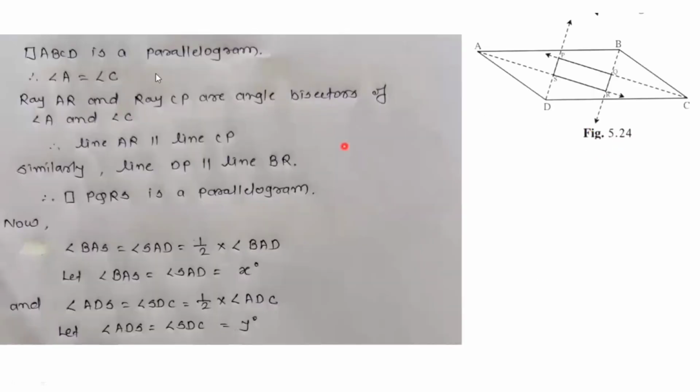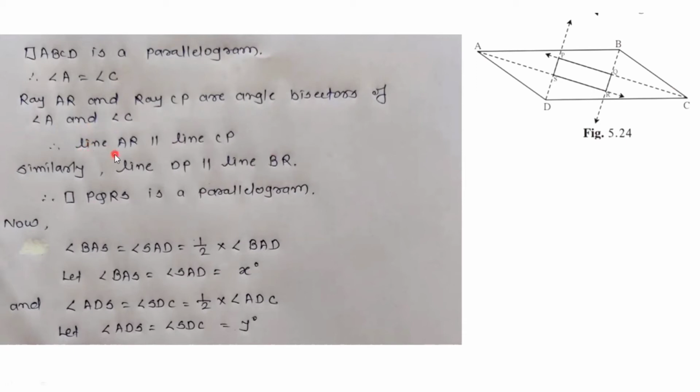Now to prove this, we start with the given, that is quadrilateral ABCD is a parallelogram, and as it is a parallelogram, we have the property that its opposite angles are congruent, that is angle A is equal to angle C. Now it is given that ray AR and ray CP are angle bisectors of angle A and angle C, as we can see in the diagram.